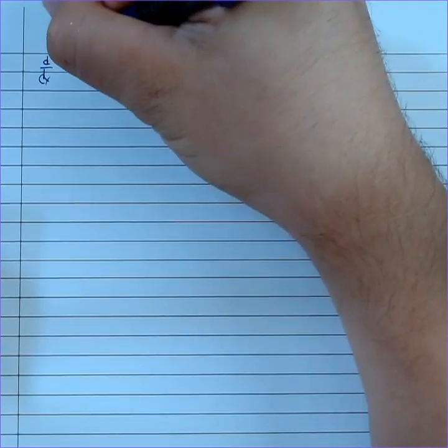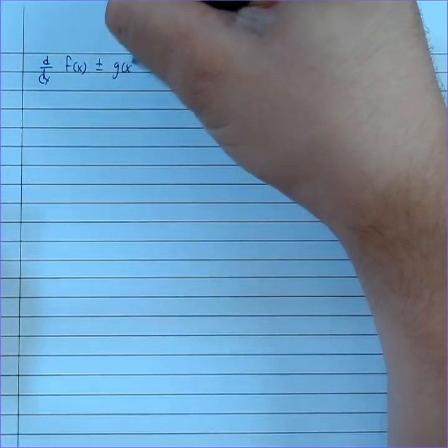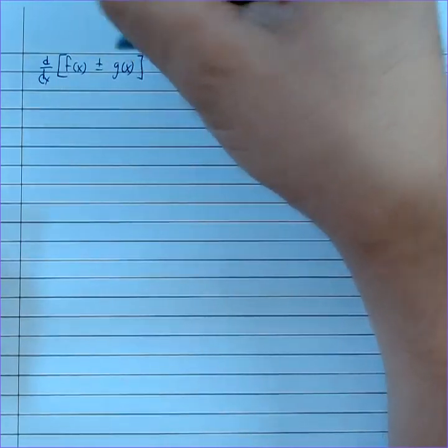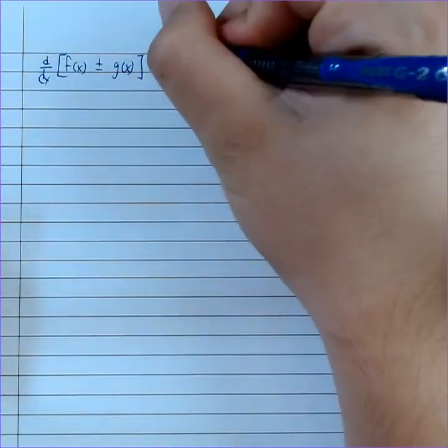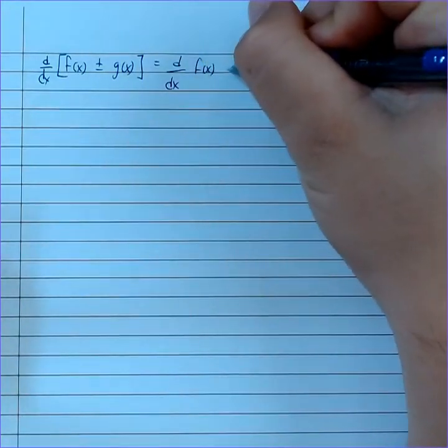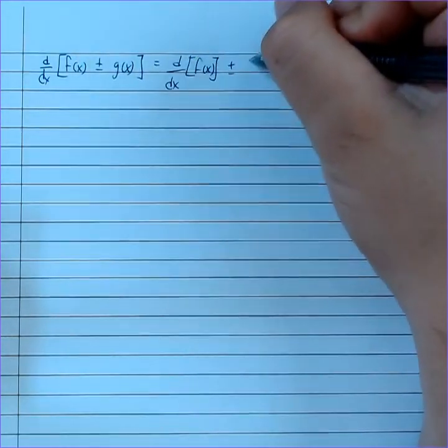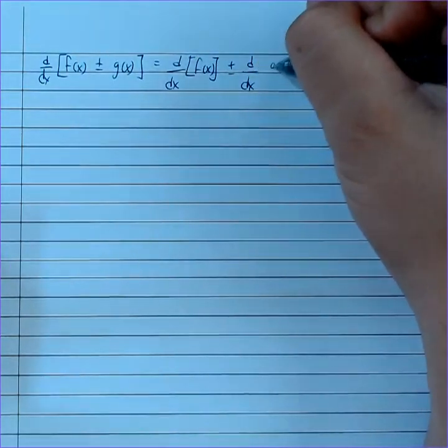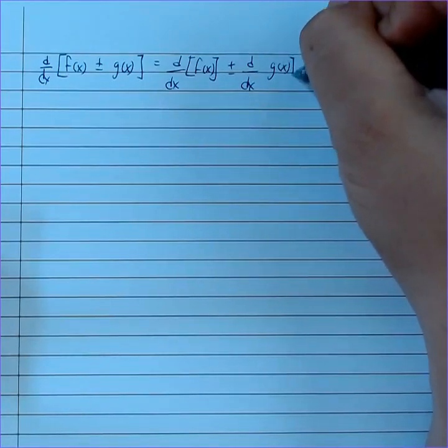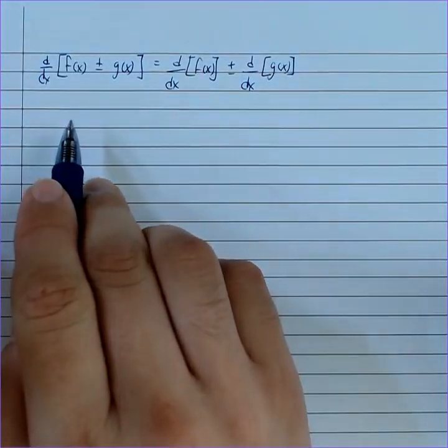to x of the sum or difference of two functions, then that's the same as saying I want to take the derivative with respect to x of the first one, plus or minus, depending on the operation that we had previously, the derivative with respect to x of g of x. This property is also true of integration.